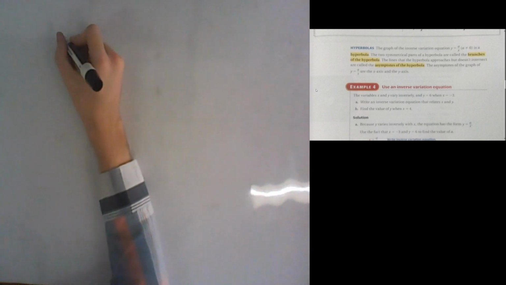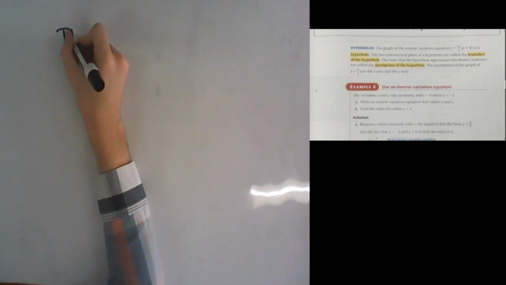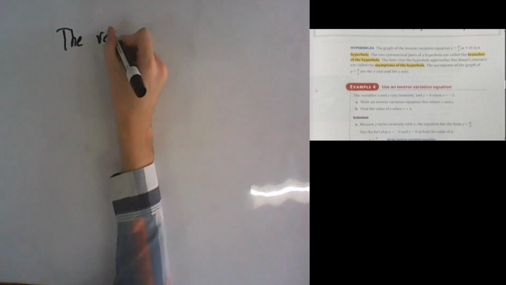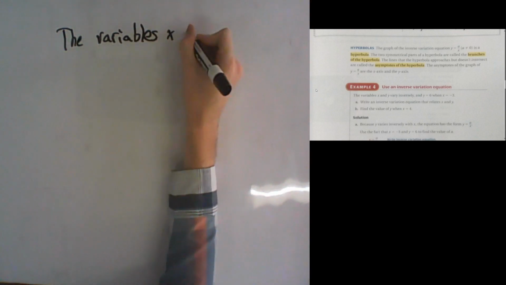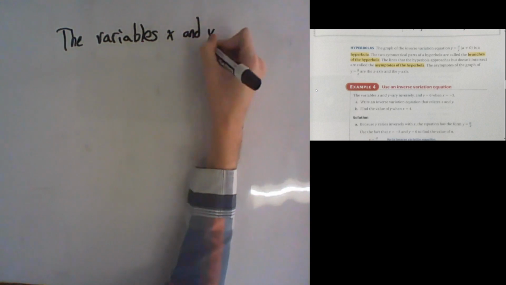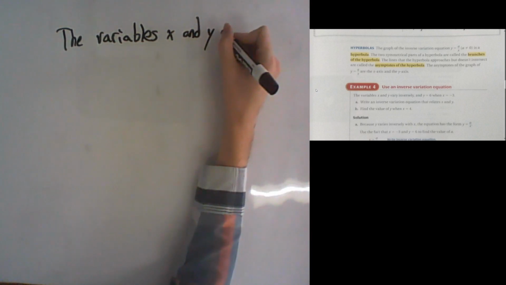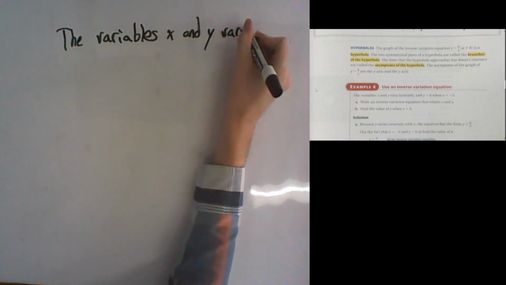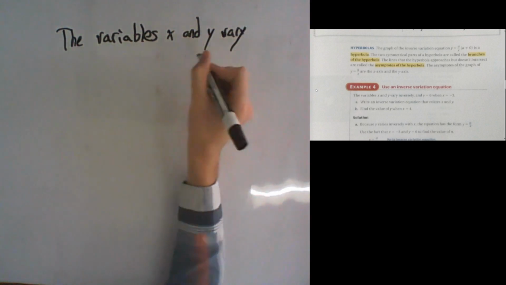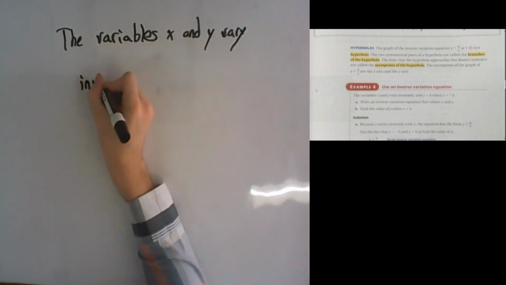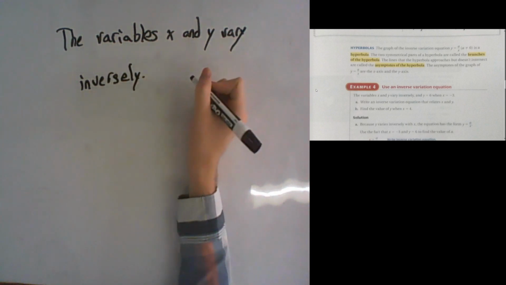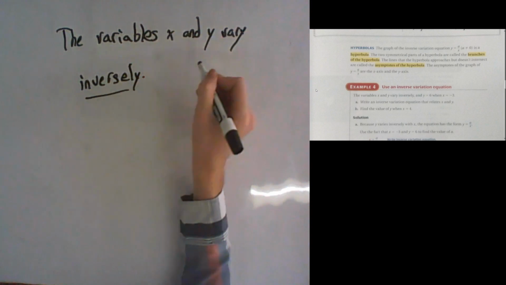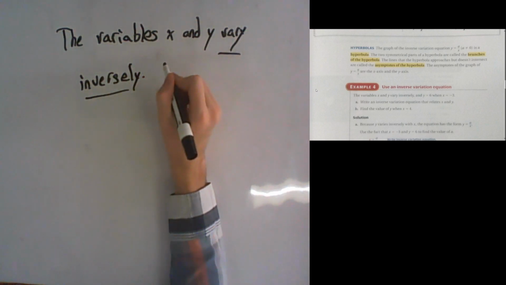Okay. Now, when we say something like this, the variables x and y vary inversely. Okay, this means we are actually dealing with inverse variation.